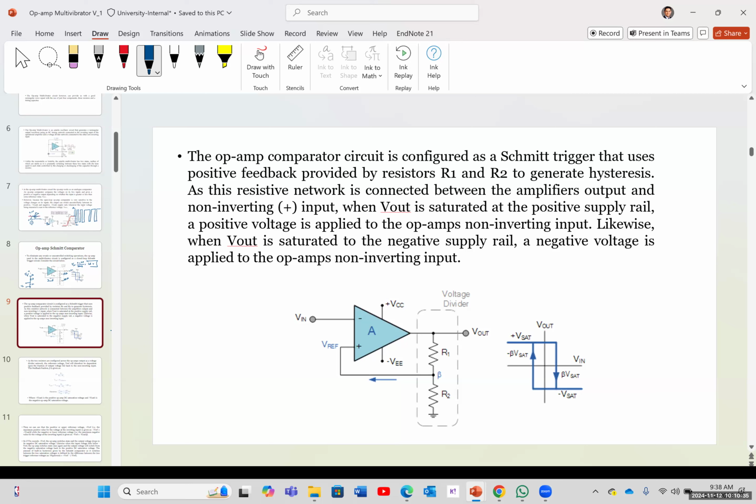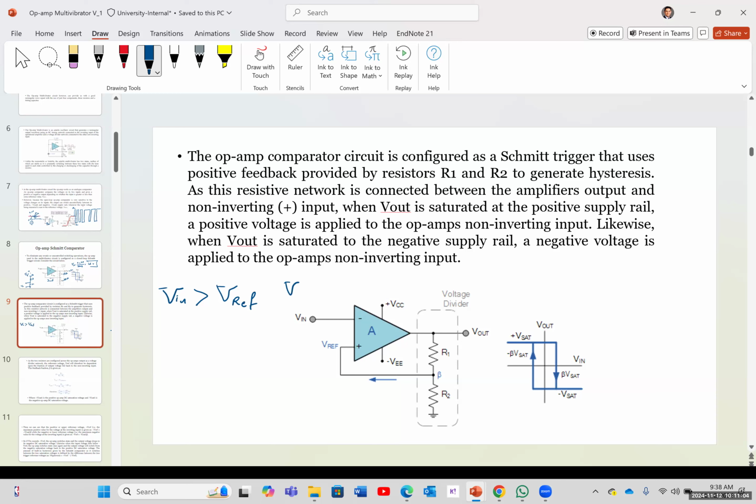So the way this works is very similar to the previous one. If Vn is greater than V reference, then V out would be equal to, can you help me on this one? What happens if Vn is greater than V reference?